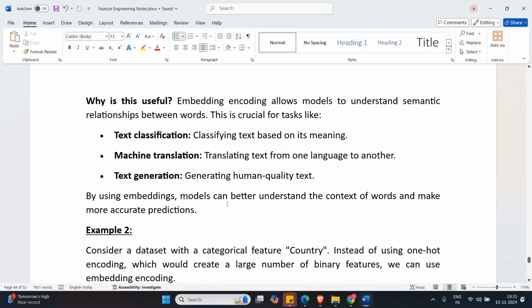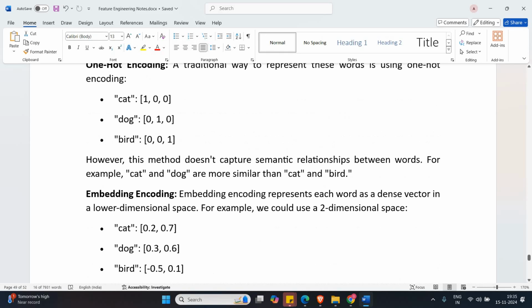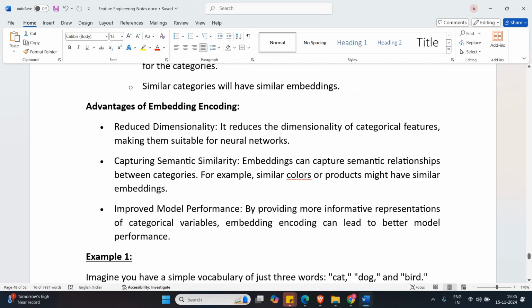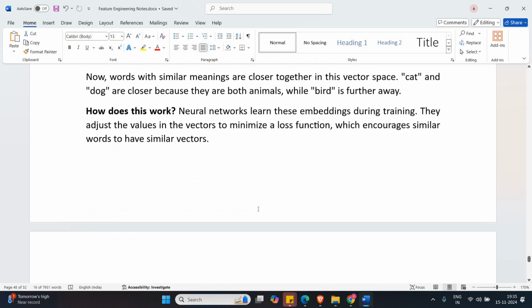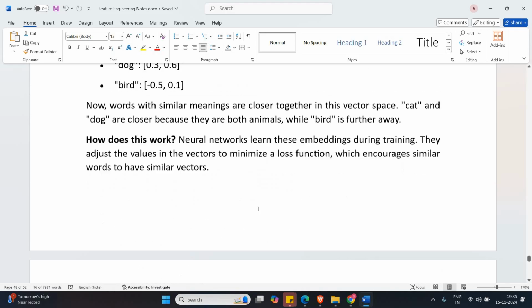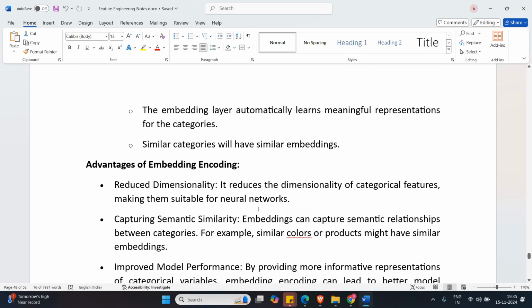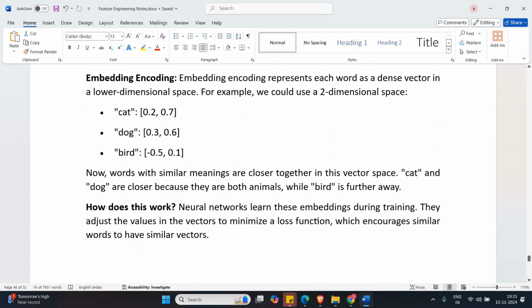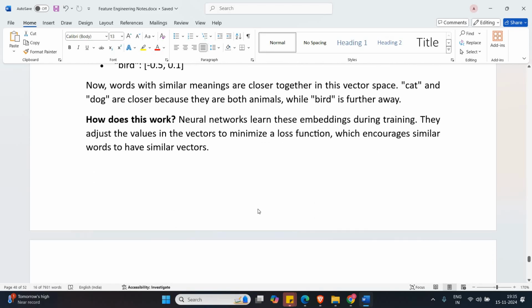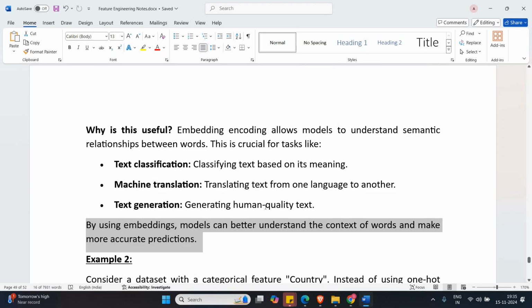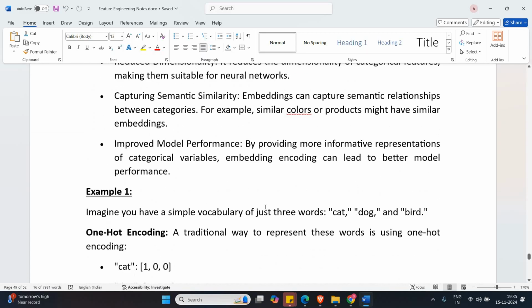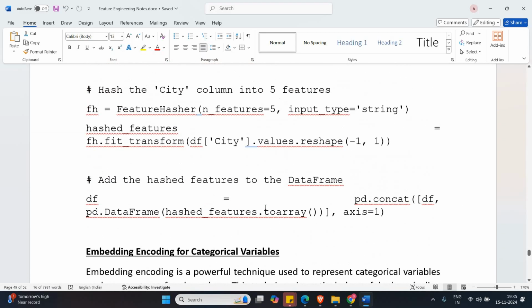By using embedding techniques, models can better understand the context of words and make more accurate predictions. So this kind of encoding is useful for cases where we are doing text analytics. I hope you have understood the basic concept of embedding encoding.